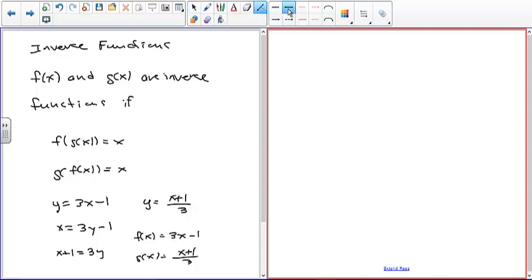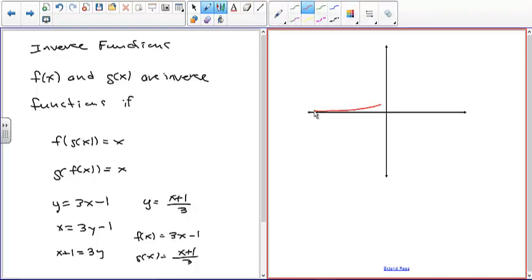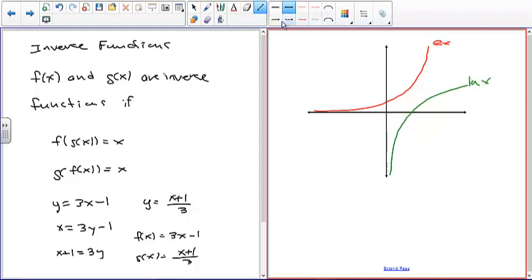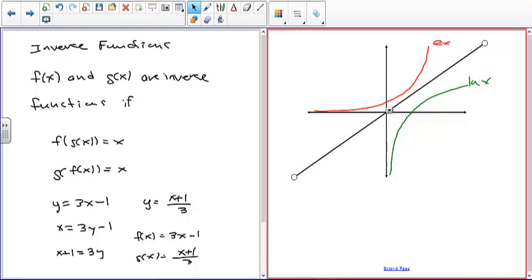One is that if you plot two functions that are inverses of each other, so if I plot e to the x, which looks something like that, and I plot the natural log of x, which looks something like that, and you draw the diagonal line y equals x, the other property of inverse functions is they are symmetric around the line y equals x.